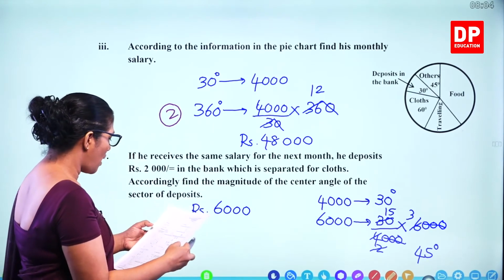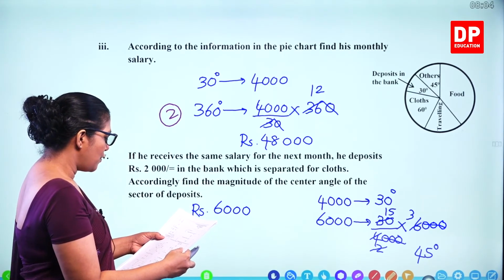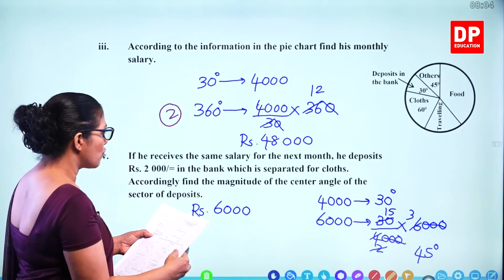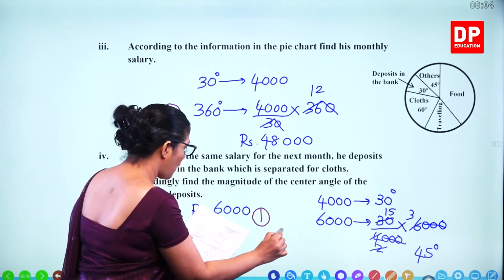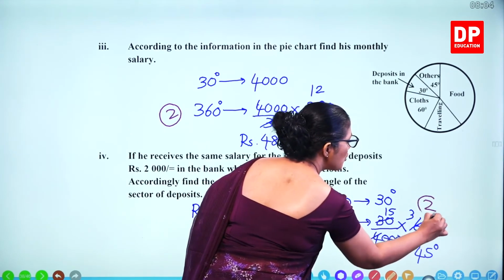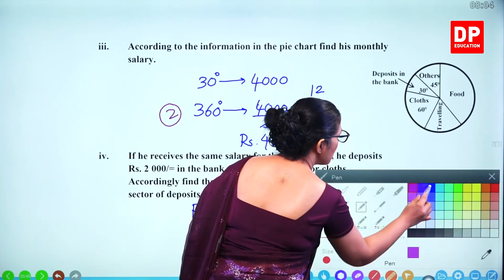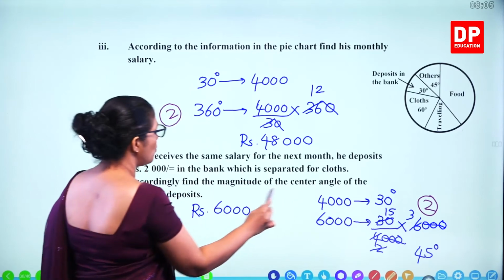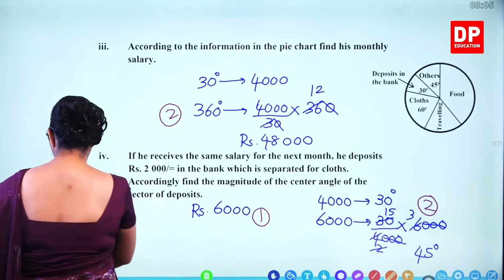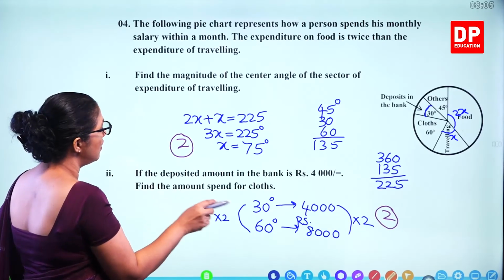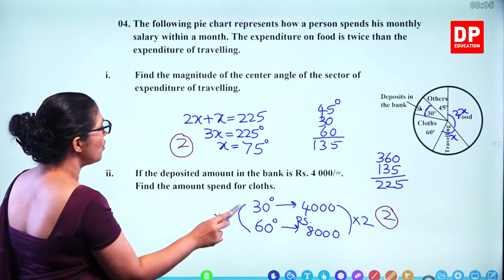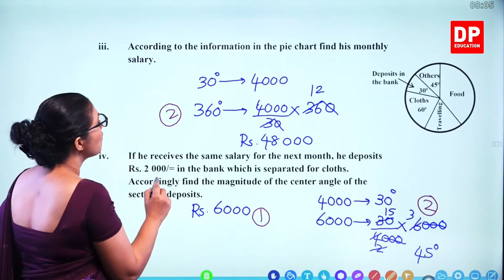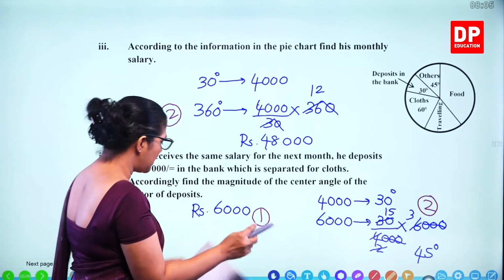And the last part, fourth part, 3 marks you are getting. So the total amount is 6,000, 1 mark, and finding the new angle, 2 marks. So altogether 2, 1, 3, 4, 5, and here 4, 2, 3, 4, 5, 6, 7, 8, 9.